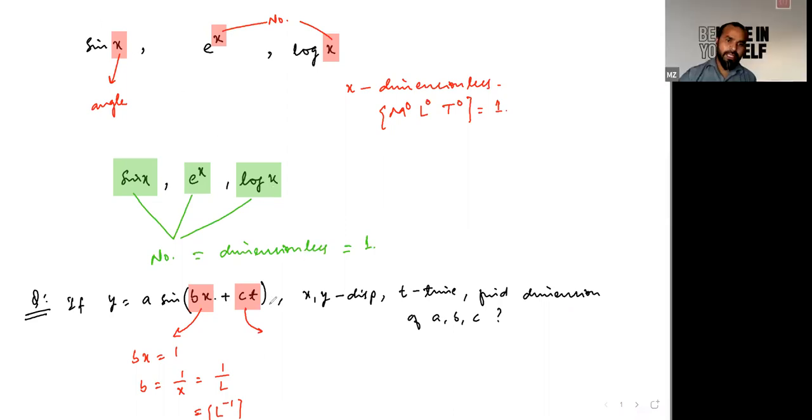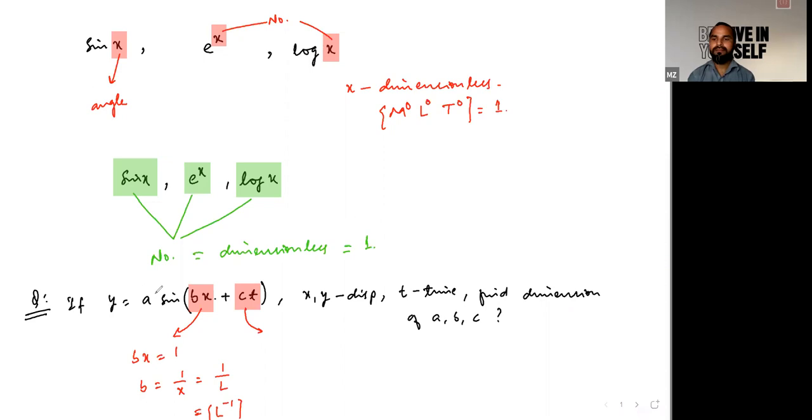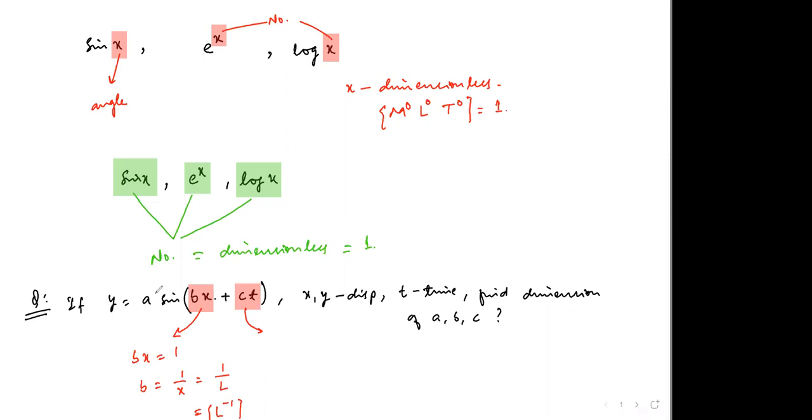Just write it down and try to solve for this particular C and this particular A. Rihab, any doubt? No, sir. Nida? No, sir. Okay.